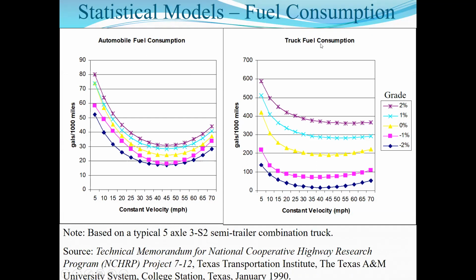And this is for the automobile, and this is for the truck. For the truck, the gallons per mile is a little bit higher, obviously. You can see the scale is different, and you can see different grades. Steep grades means more fuel consumption and so forth. And then you know that at different velocities, you have different fuel consumptions as well.